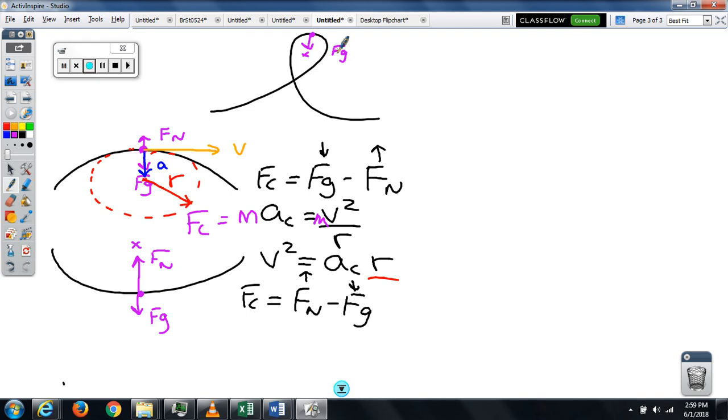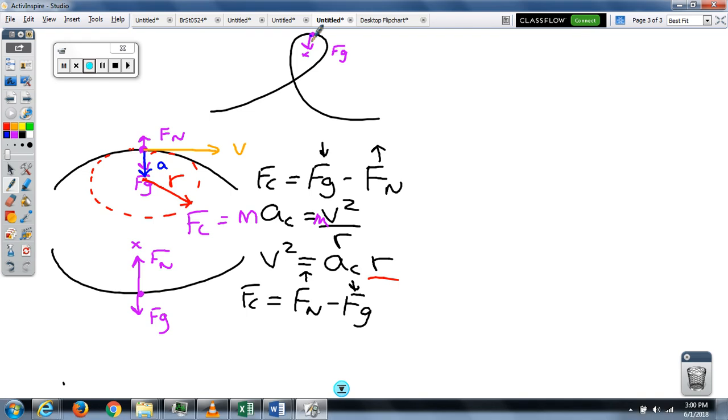The additional force that could push you down if you go through the loop fast enough is a force from the seat, because you're upside down, so there's an additional force from the seat, Fn. Because this is the seat, and you'd be upside down, the seat is pushing you this way.